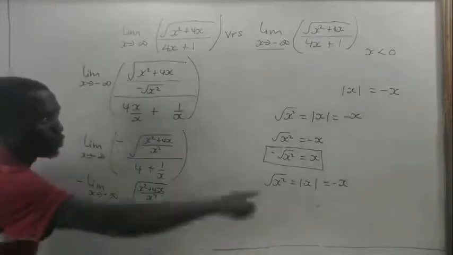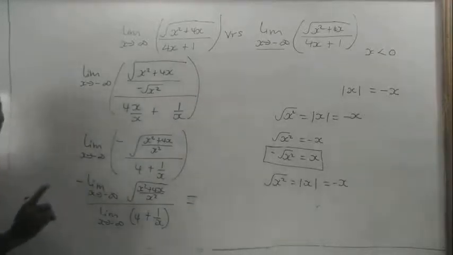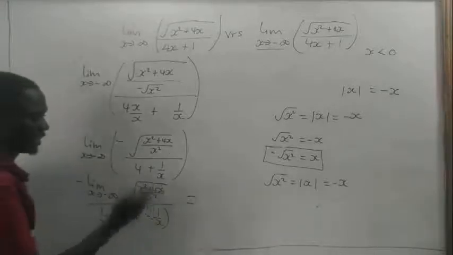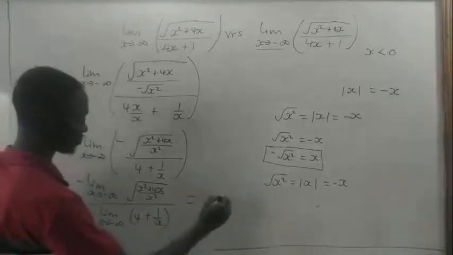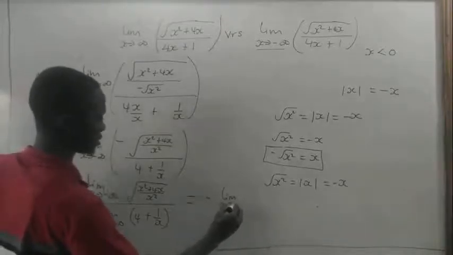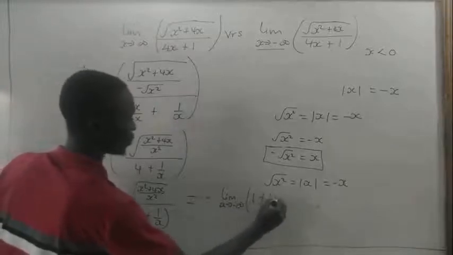So you go through the whole process as I did for this one. The only difference is this negative that we've had here. Very simple as that. So you take the limit of this, and that will be negative the limit as x approaches negative infinity of the square root of 1 plus 4 on x.